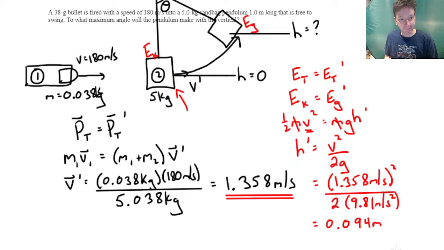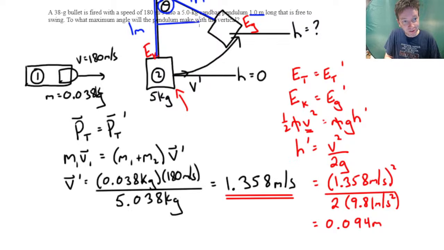Now we still need to figure out what theta is. We know that the pendulum length is 1 meter long. So this length is 1 meter, but also this length is 1 meter because the pendulum doesn't change its length during the swing.